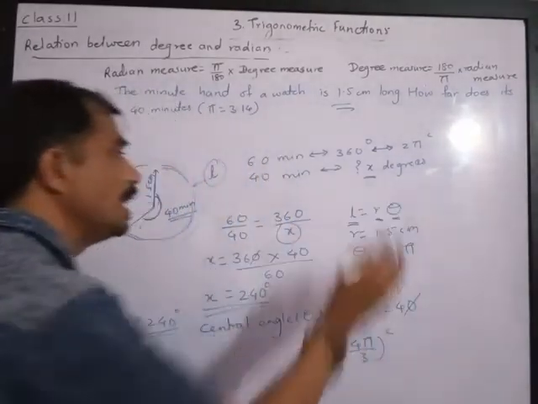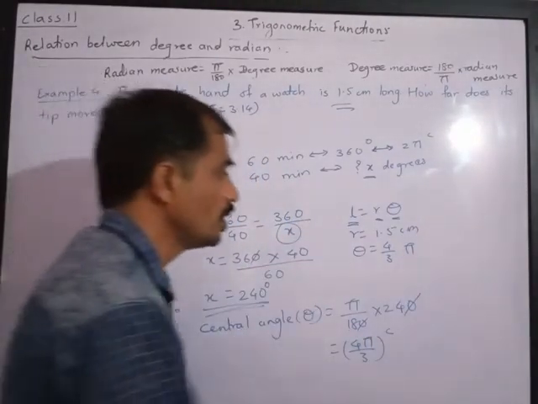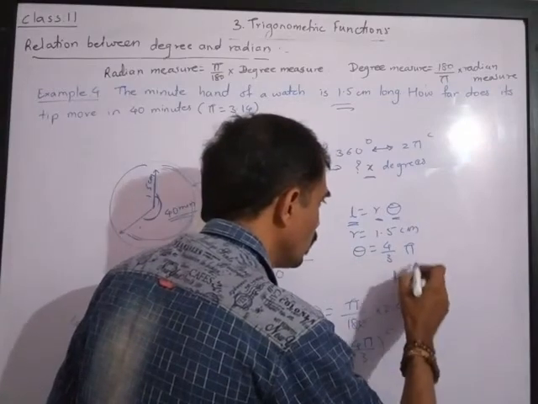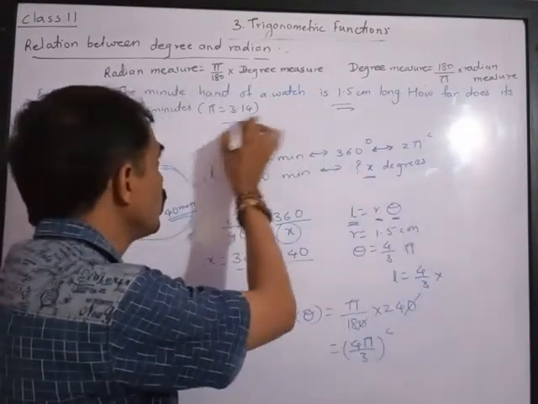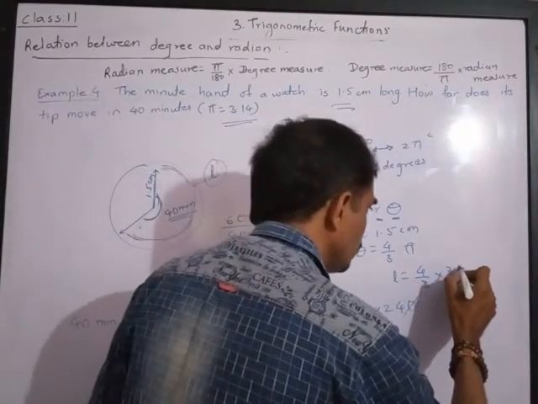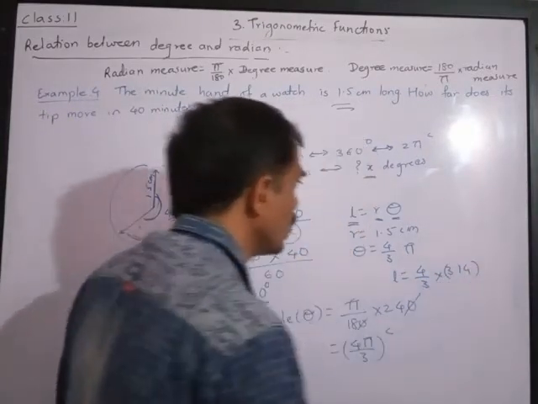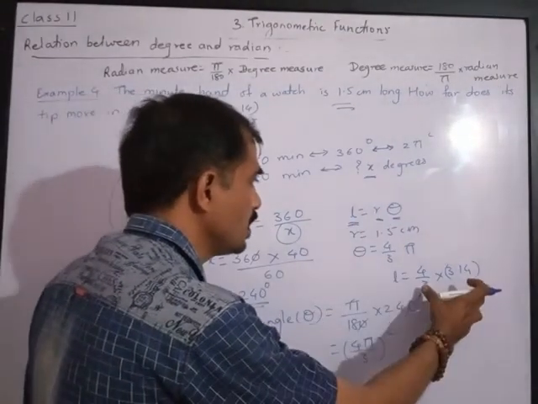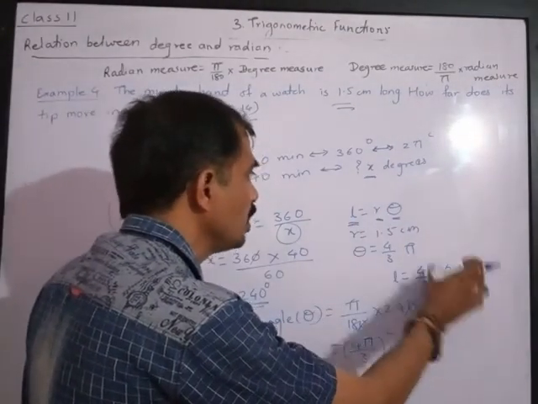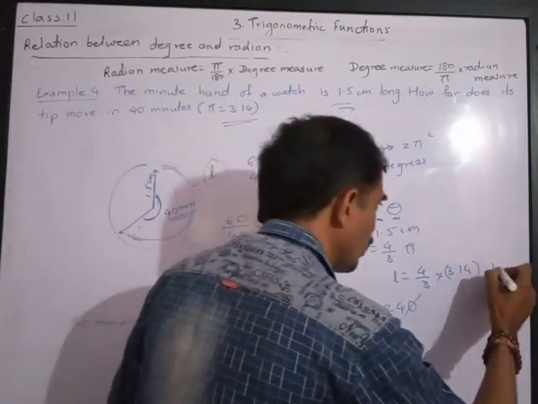Now to find L is very easy. L is equal to 4 upon 3 multiplied by pi's value, which is also given to us as 3.14, and radius r, this is theta into radius, is 1.5.